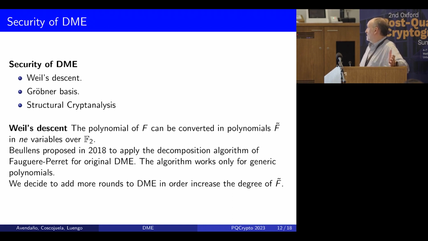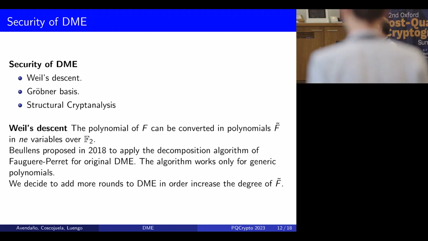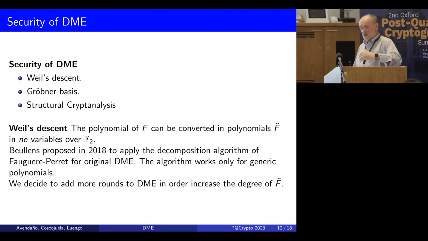This was proposed by Bailons, who applied the composition algorithm of Faugère-Perret. The algorithm works when you have a composition of two polynomials, for instance quadratic, giving a quartic polynomial, over F2. But it works only for generic polynomials, so for special ones we have to check.